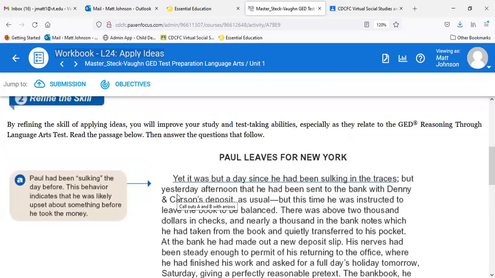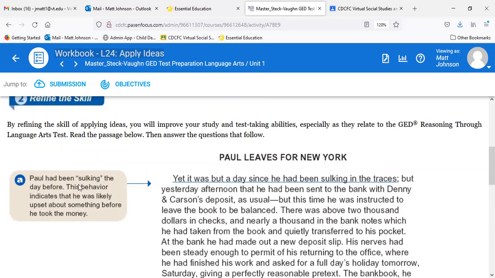For Paul's case, this is the young man who was enjoying the symphony, likes that sort of creative lifestyle. And it says, yet it was but a day since he had been sulking in the traces, but yesterday afternoon he had been sent to the bank with Denny and Carson's deposit, as usual, but this time he was instructed to leave the book to be balanced. There was above $2,000 in checks and nearly $1,000 in banknotes, which he had taken from the book and quietly transferred to his pocket. At the bank, he had made out a new deposit slip.